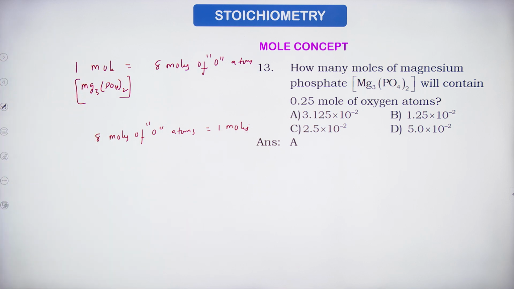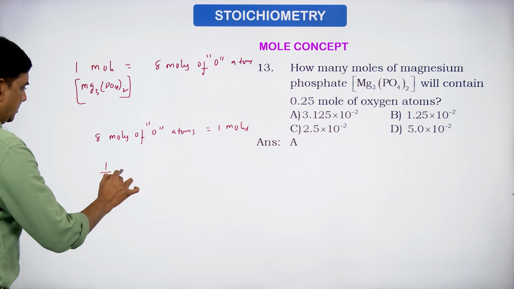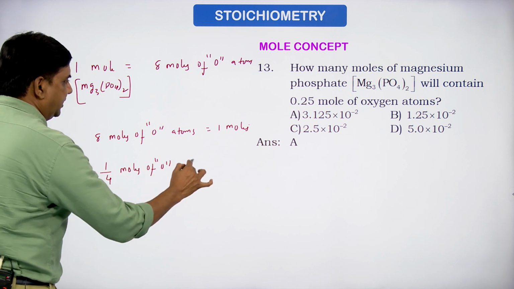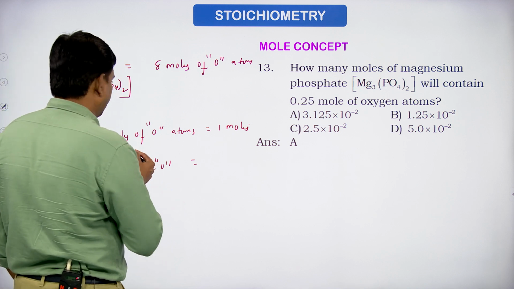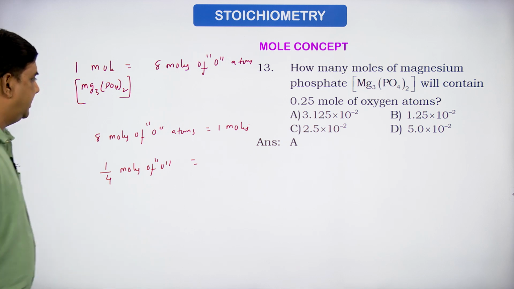So how do you write this? 0.25 means 1 by 4 moles. 1 by 4 mole of oxygen atoms is present in how many moles? 8 moles is present in 1 mole, so 1 by 4 mole is present in how much?